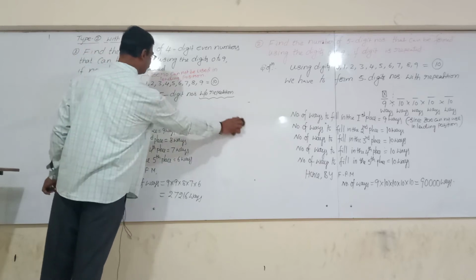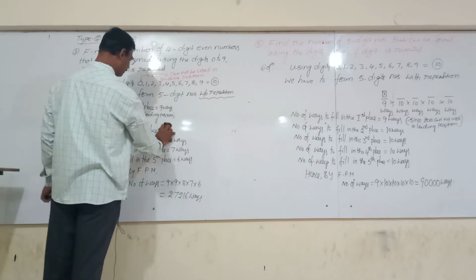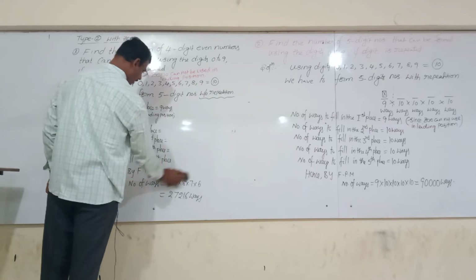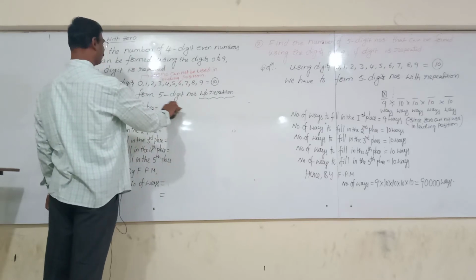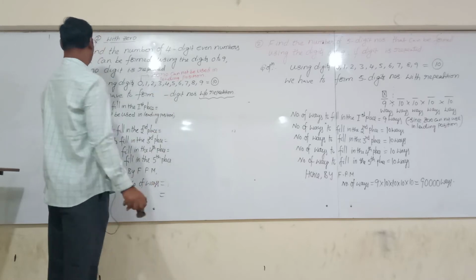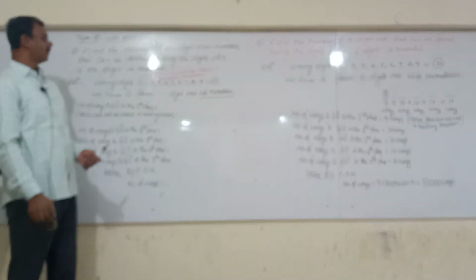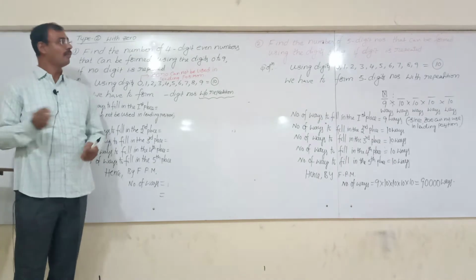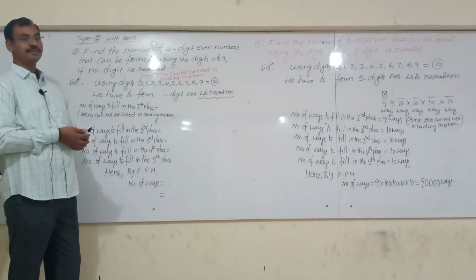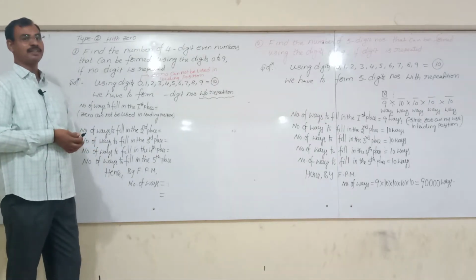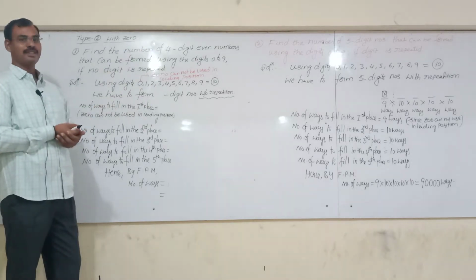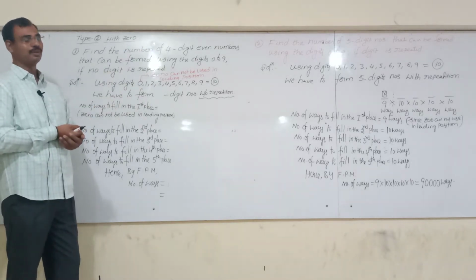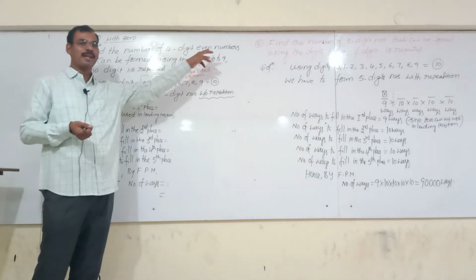So what to do? All of you think how to solve these types of questions. Is there any primary condition? How many primary conditions are given? Only one? No, yes, there are two primary conditions.